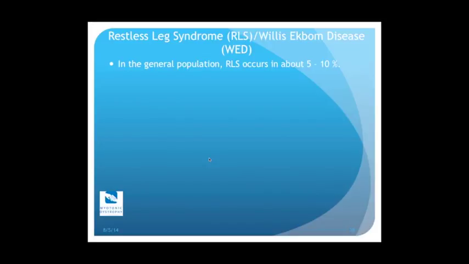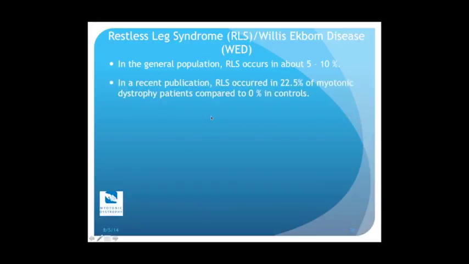Times when it can really increase: pregnancy, where it can increase to 25%. It would be interesting to see how bad this gets in myotonics during pregnancy. But in a recent publication, RLS occurred in about 22% or so of myotonic dystrophy patients, so it's clearly increased compared to the general population.